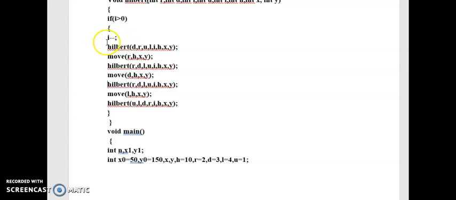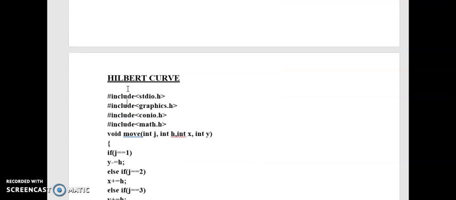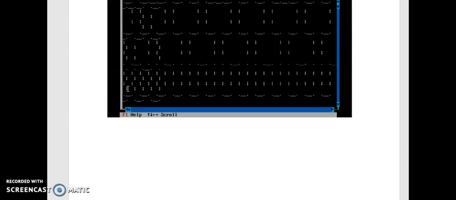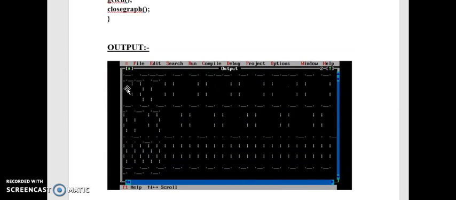For this purpose we use the Hilbert function, and the move function is used to update the values of x and y. That's all about the Hilbert function, and this is the output of the Hilbert curve generation algorithm. Thank you for watching this video.